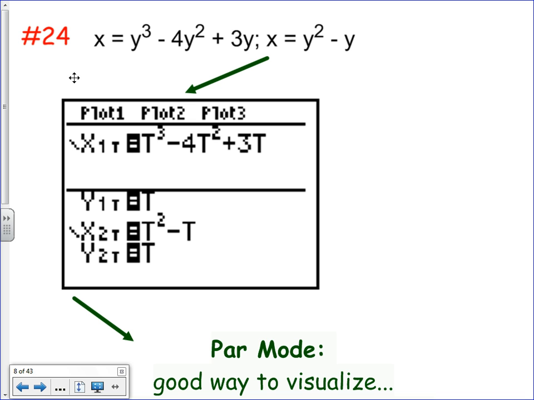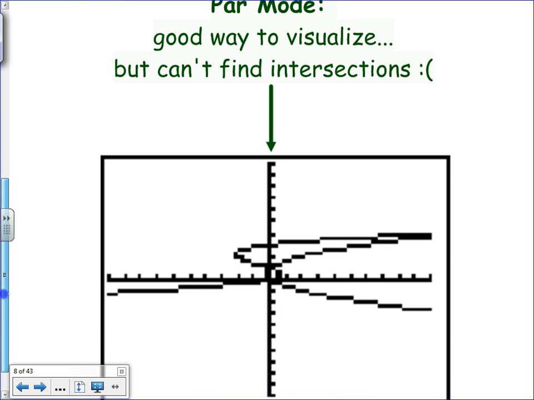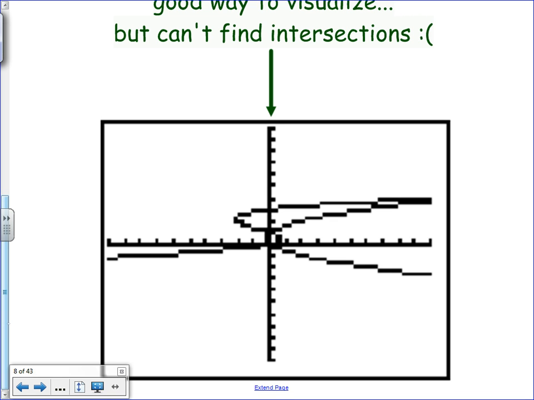Wouldn't these match those? Now the problem in par mode is T-min, T-max, T-step. Remember those? But you could get a pretty good approximation as to what the areas would be.